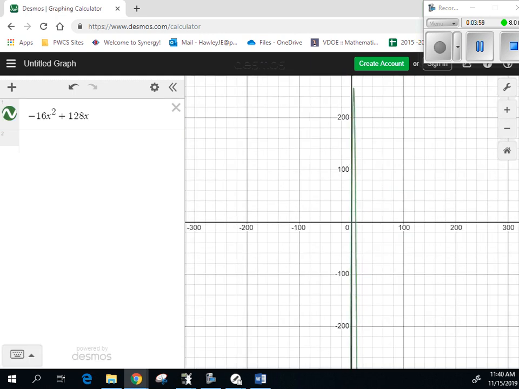If you touch this point right here, you have 4, 256. So Desmos will tell you your maximum point.